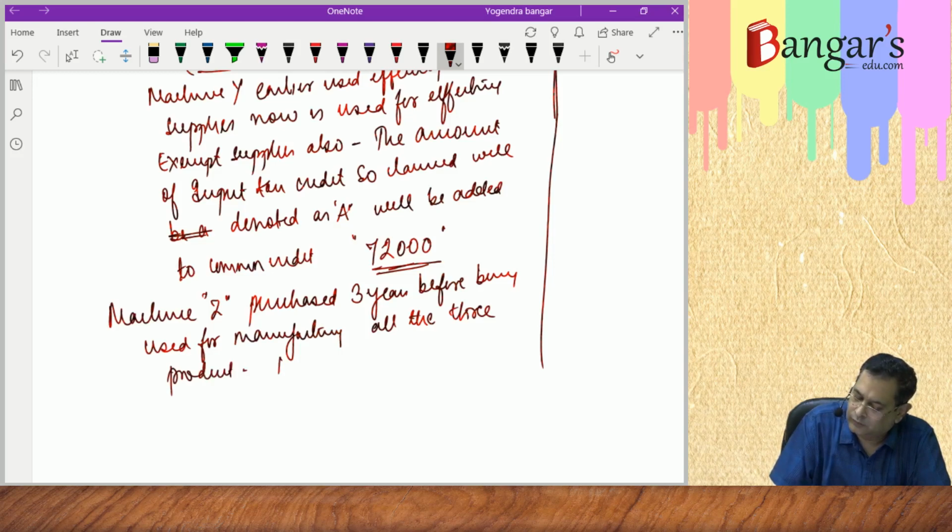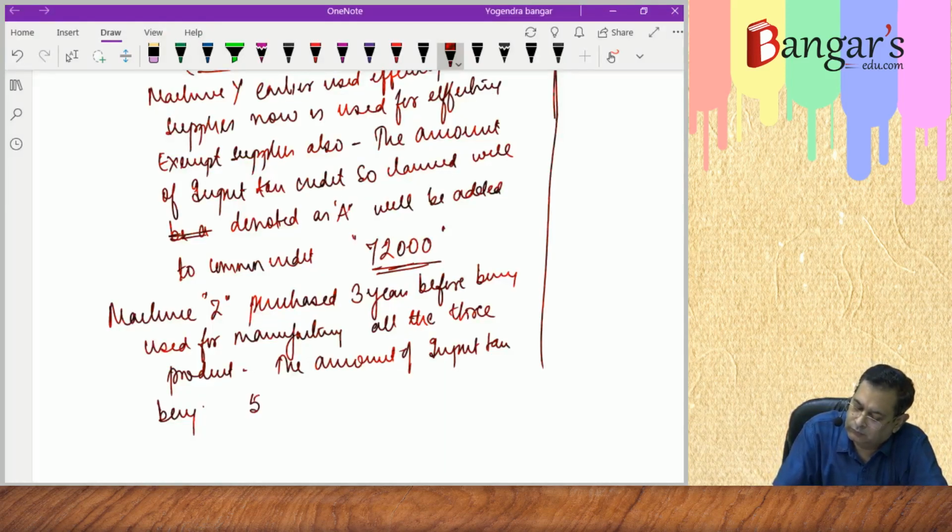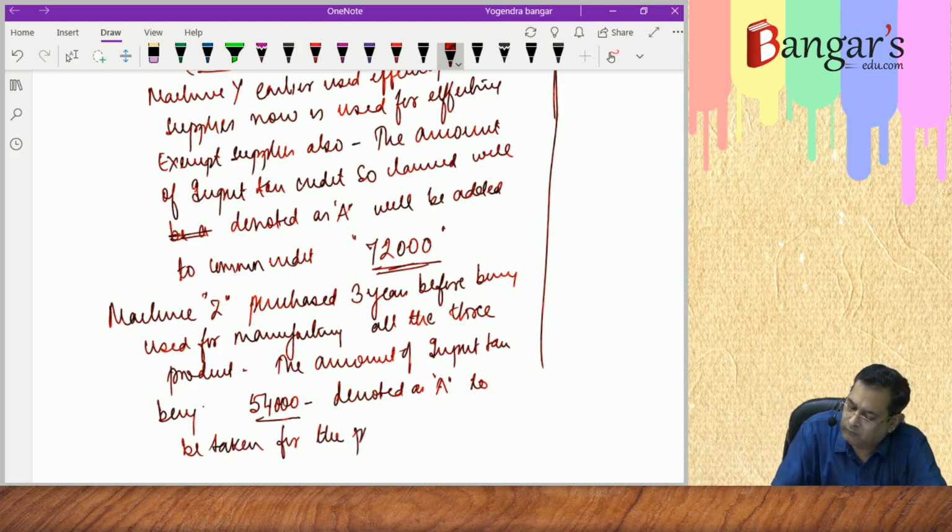So the amount of input tax, being 54,000 rupees, since useful life remains, denoted as A, to be taken for the purpose of common credit.